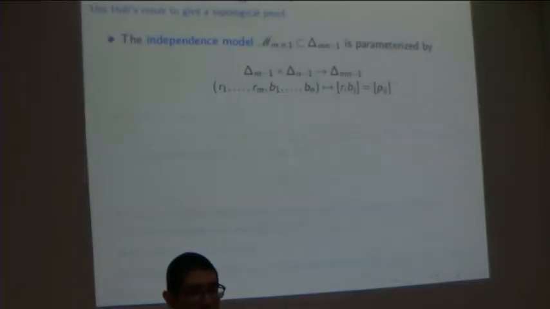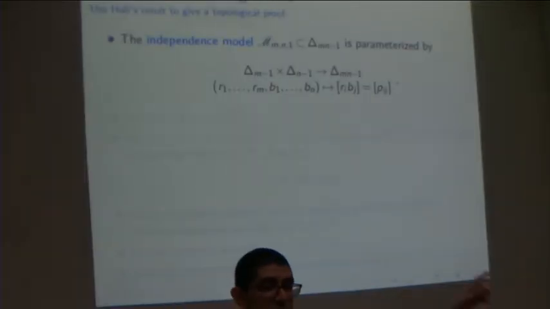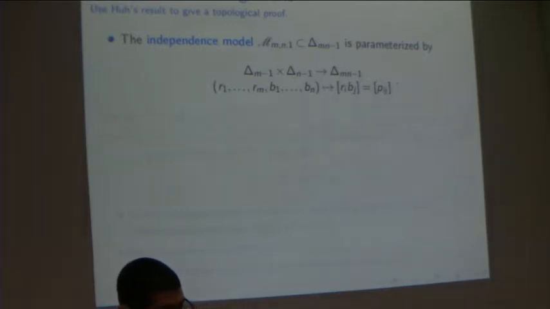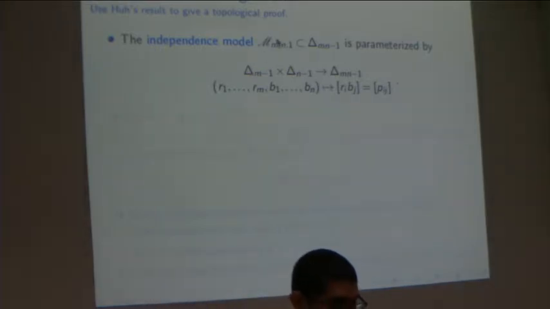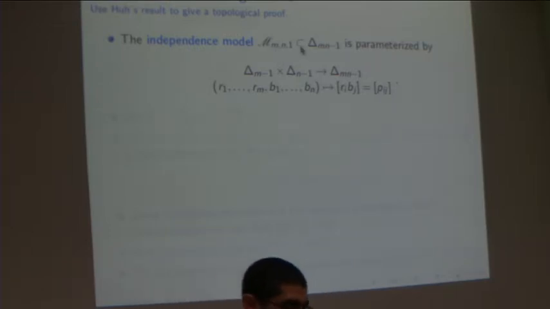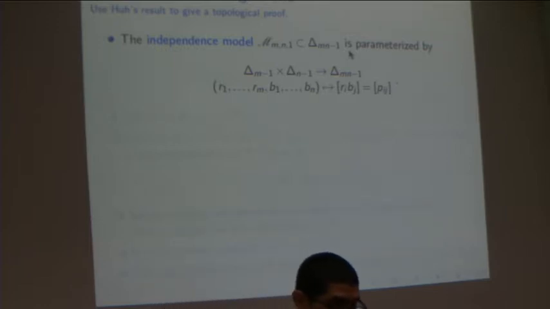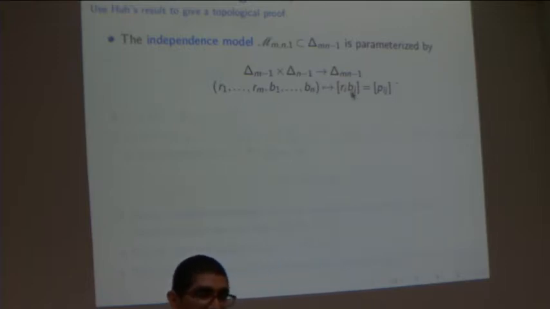So let's talk about the independence model, which I already gave you a preview of on the blackboard. This independence model we denote by M_{m,n}, and it's a subset of this probability simplex here. As we saw on the blackboard a little while ago, we had an m-dimensional vector and an n-dimensional vector, and we took their outer product, and we got this rank 1 matrix.